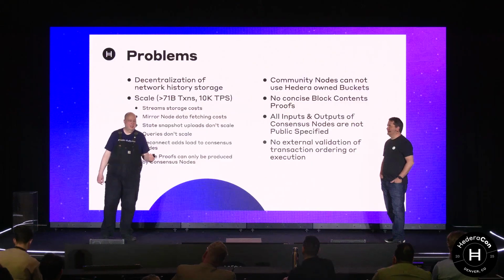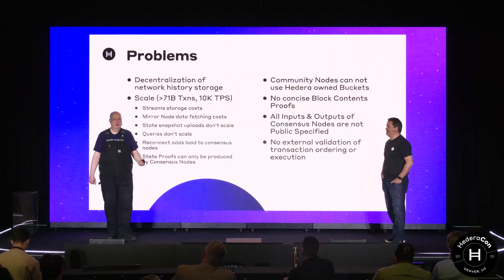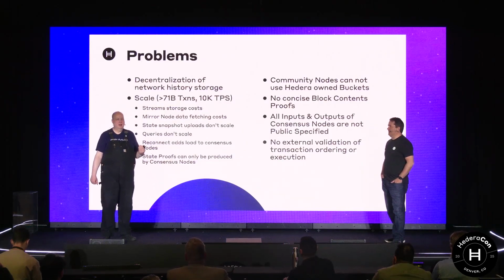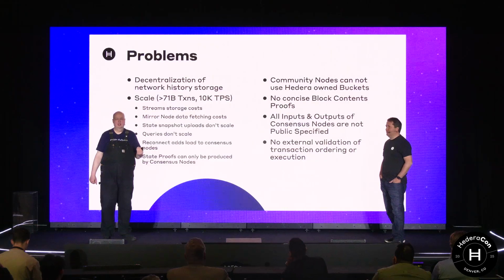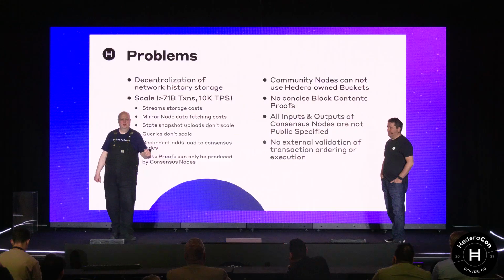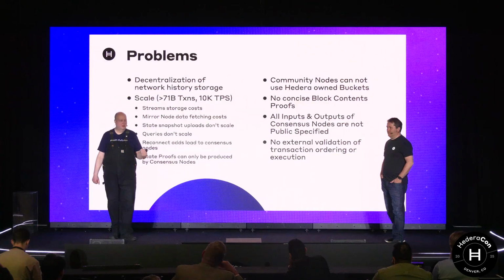I suspect it's many times that now. And then the cost per month for reading data out of that was in the several $1,000s a month range. So it meant that you had to have a really good business use case to run a mirror node. We really want to change that so people can access this data at a much lower cost point, which hopefully opens up many, many more use cases.